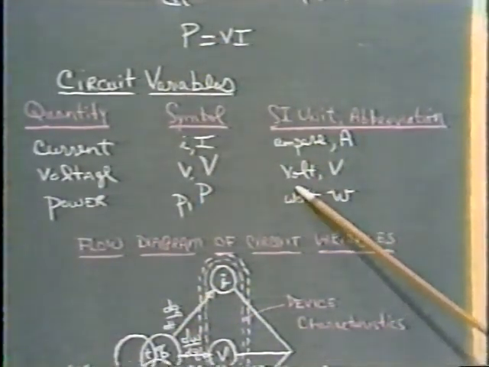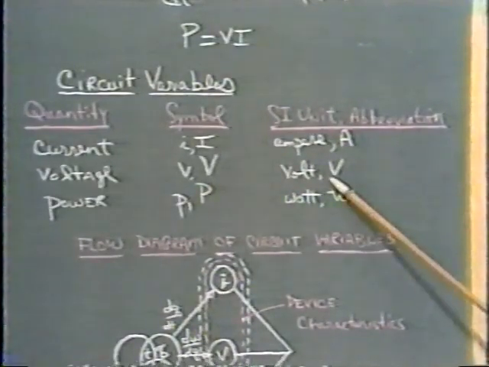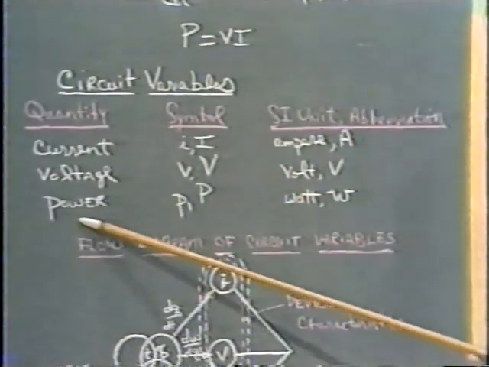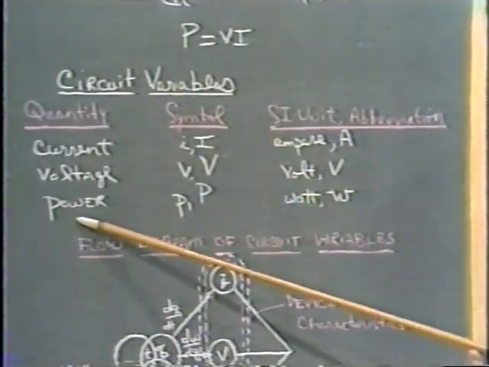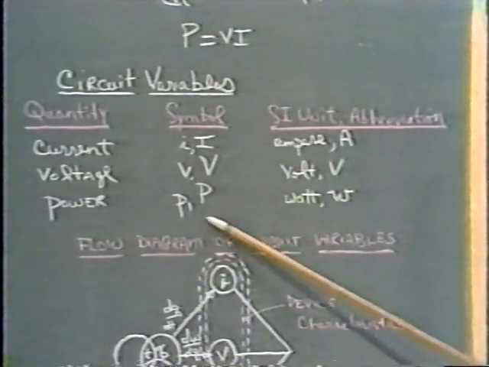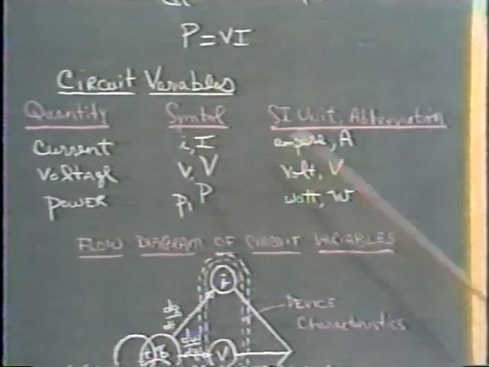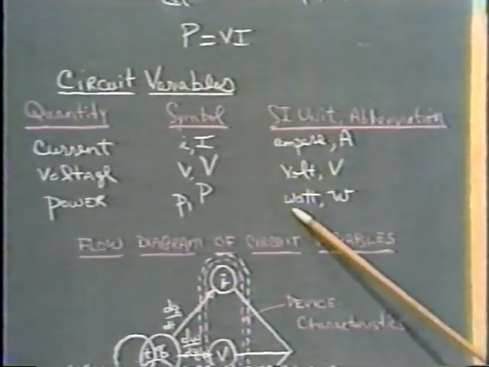And our unit is volts, with the symbol V. The third circuit variable that we'll need to analyze both AC and DC circuits is power. We use the symbol P for power, and it's measured in watts with the symbol W.